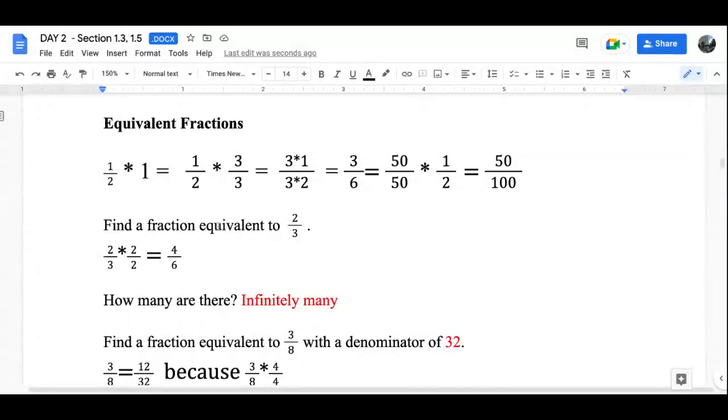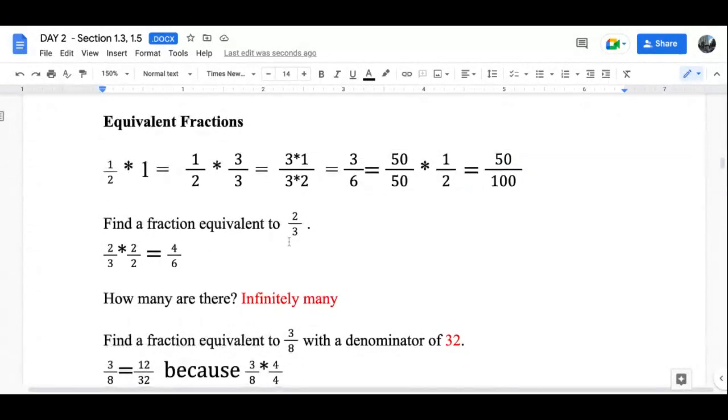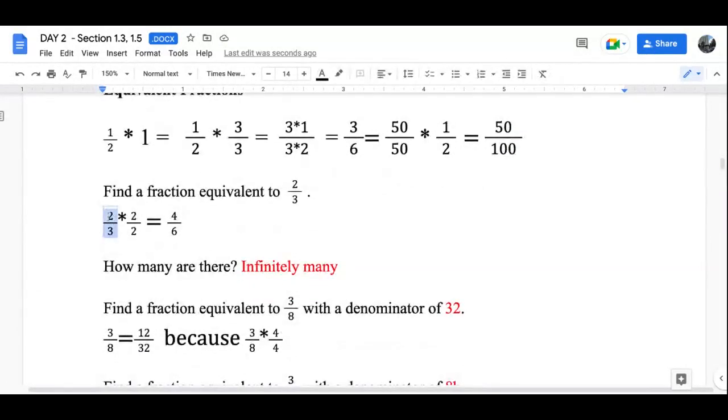So let's see this. Find a fraction equivalent to 2/3. So we start with 2/3. We multiply by 1. And we want this one to be 2 over 2, right?